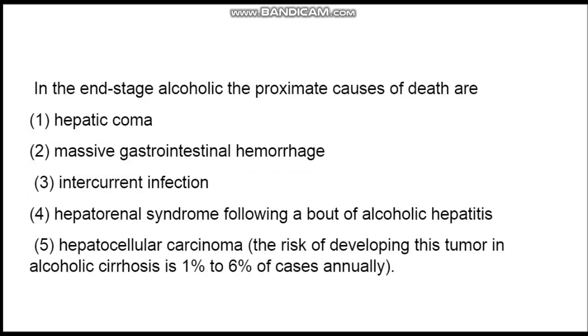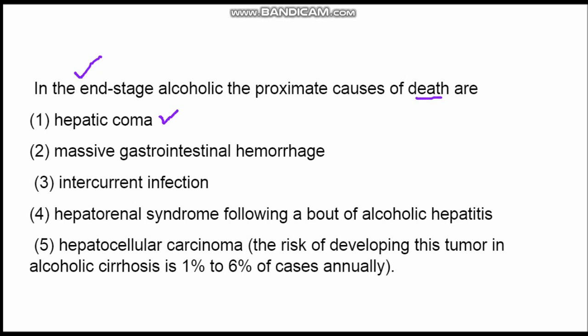So what is the prognosis? What are the proximate causes of death in end stage alcoholic liver disease? If there is steatosis or hepatitis, things are reversible. But if progression takes place, it can lead to hepatic encephalopathy and hepatic coma.